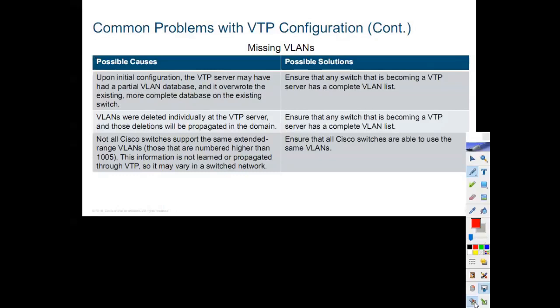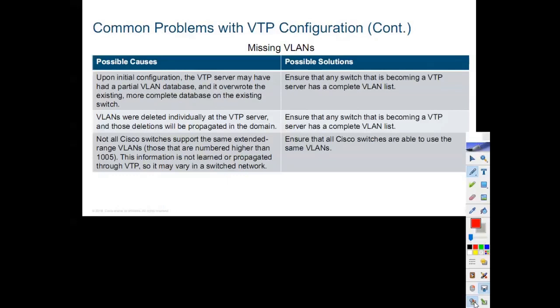Cisco is also saying the possible cause here is that not all Cisco switches support what we call the extended VLAN range. Most environments out there are not using 1,000 VLANs. Anything bigger than 1,000 we call an extended VLAN range. From VLAN 1 to VLAN 999, that's a normal VLAN, but anything beyond that, starting from 1,000 to 2,000 and on, is what we call the extended VLAN range.